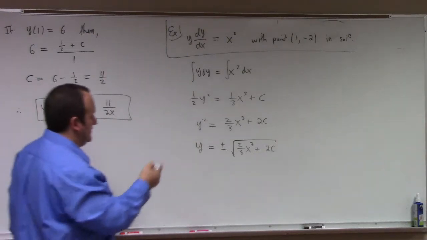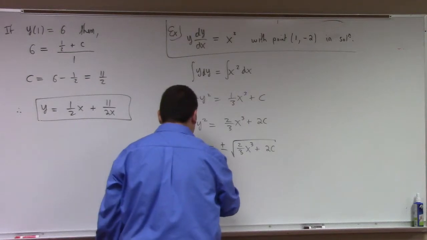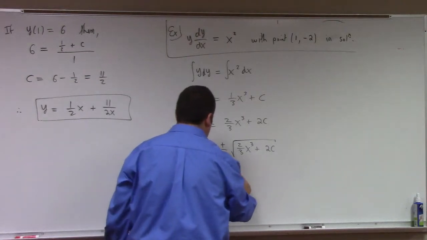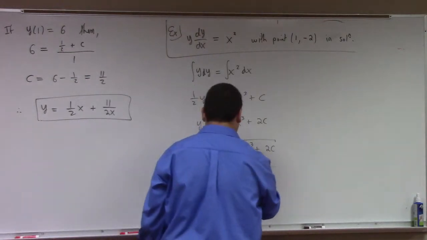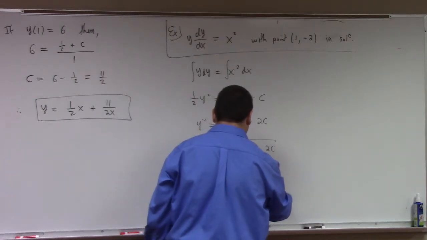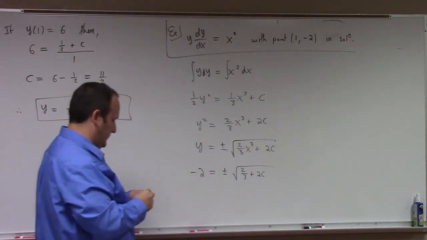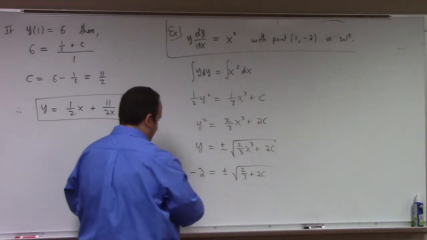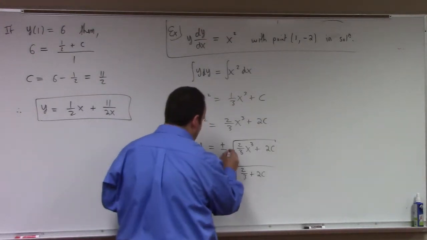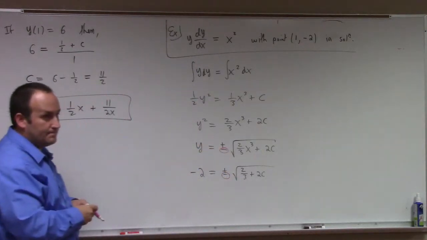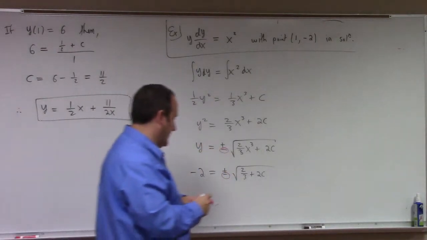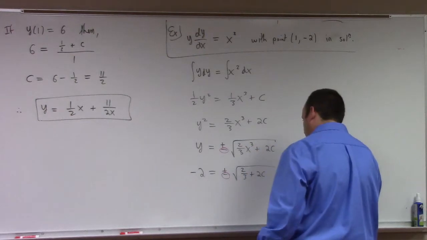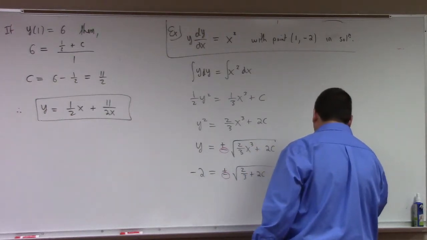So I gave us the initial data 1, minus 2, which means that minus 2 is equal to plus or minus the square root of, well, 2/3 plus 2c, right? So there's no choice in the matter. We have to choose what? We have to choose the minus solution because of that data. And then you can square both sides. We get ourselves 4 is equal to 2/3 plus 2c.